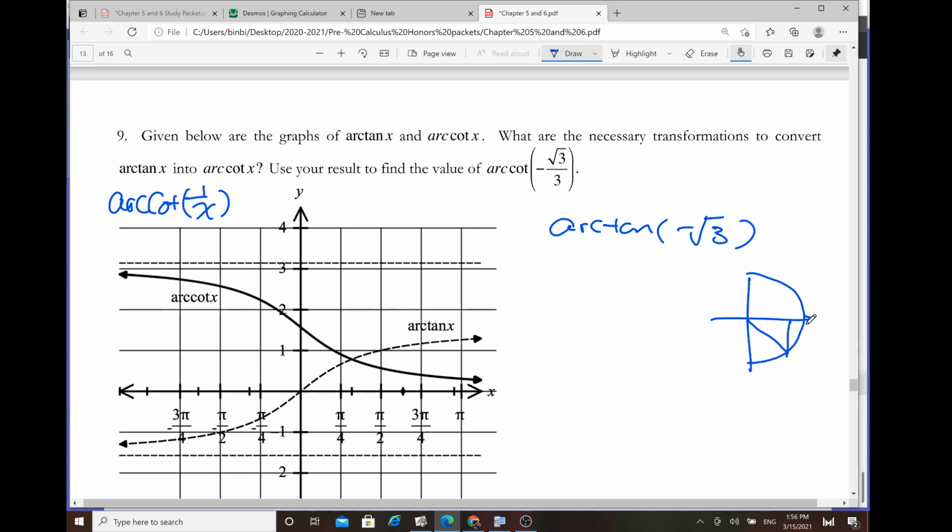Okay, so this one is considered negative root 3. This one is 1, and this one is 2. So going this way, the angle here would be considered negative 60 degrees or negative pi over 3. So negative pi over 3, which is the one right here.